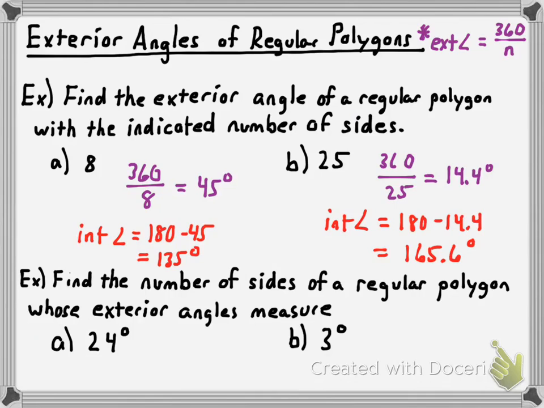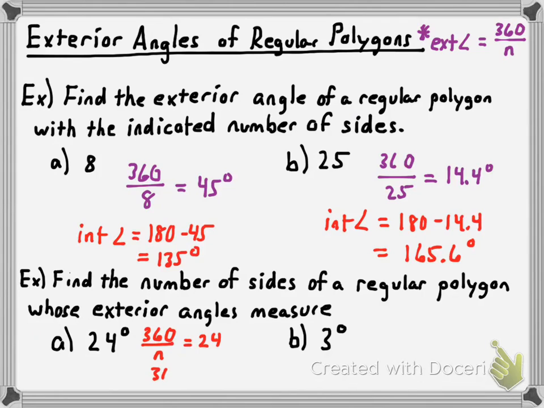Now, we can also go the opposite way from what the original question asked up here in example A, where if you know the measure of each exterior angle, 24 degrees or 3 degrees or whatever they happen to be, then you can determine the number of sides that the regular polygon has quite simply as well. All right? Now, we know from what we just mentioned a moment ago that 360 divided by n would have to equal 24, because 360 divided by the number of sides is equal to the exterior angle measure.